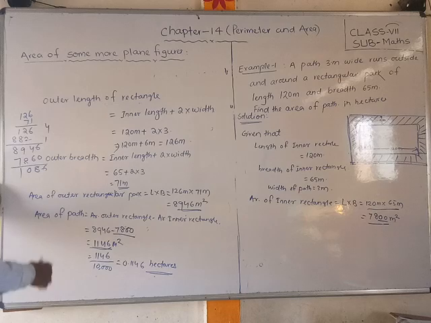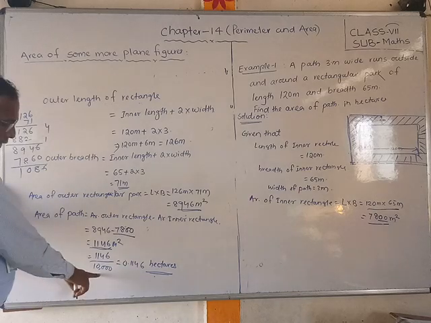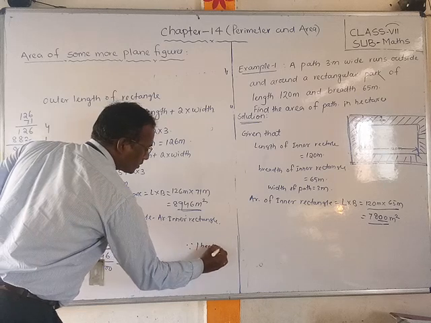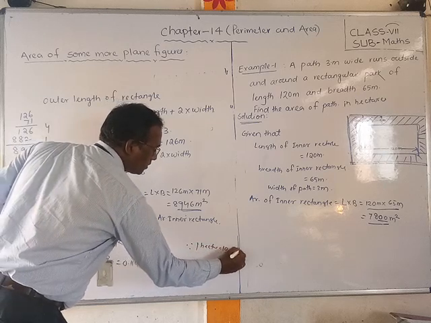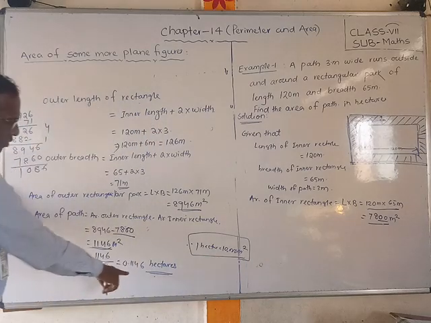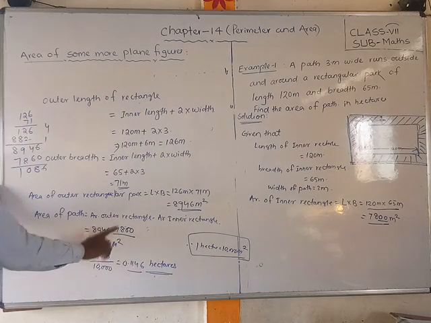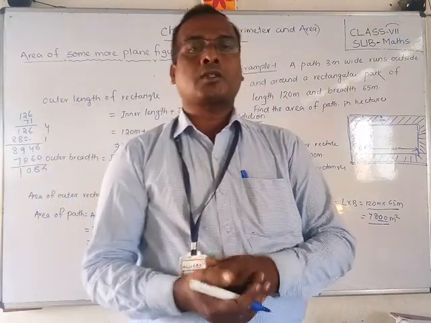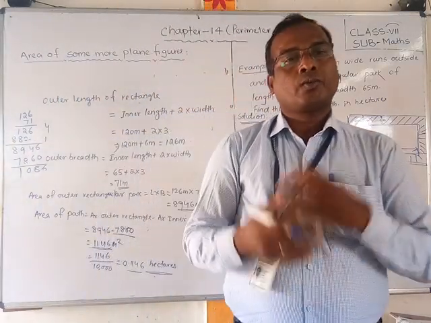And to convert to hectares, divide by 10,000, since 1 hectare is equal to 10,000 meter square. So we get 0.1146 hectares. I hope you have understood how to find the area of a path.